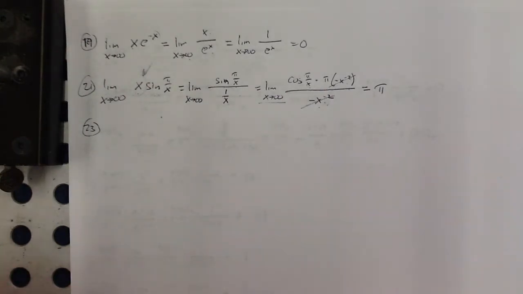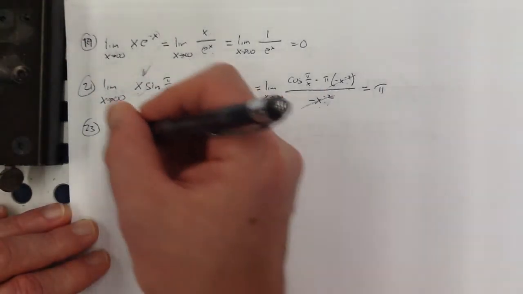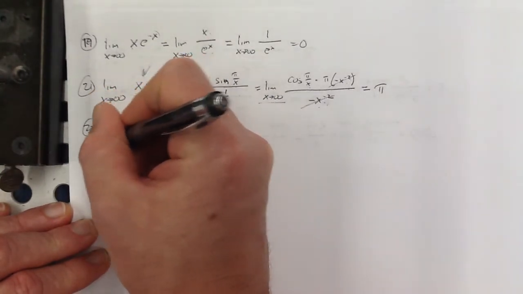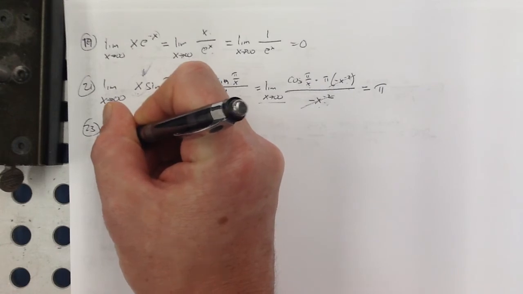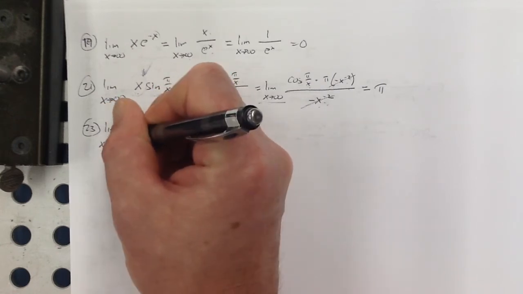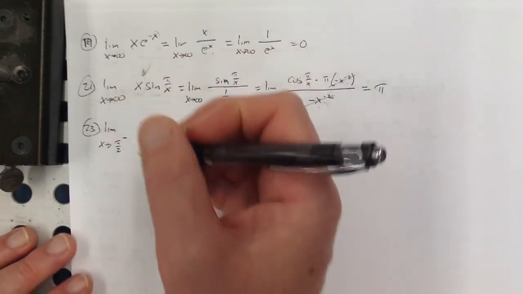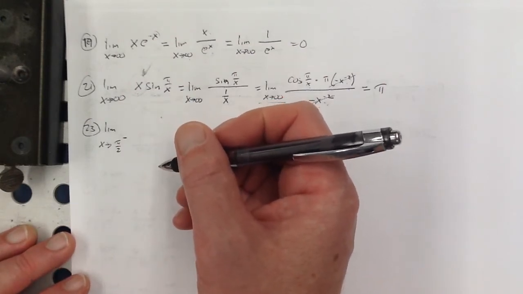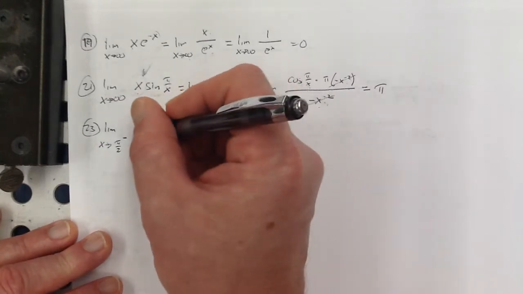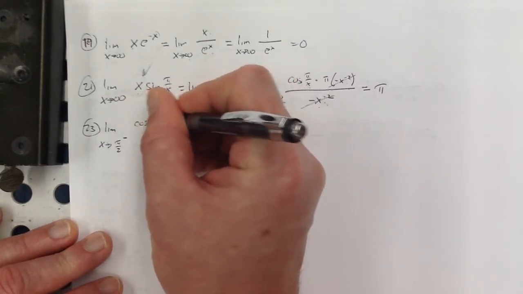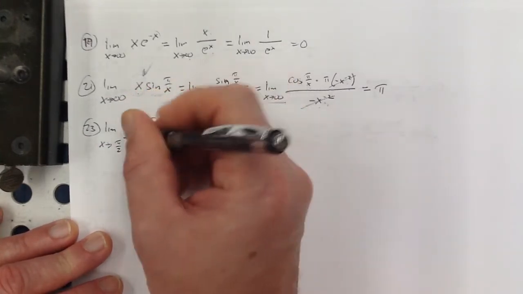All right. How about the limit as x approaches pi over 2 from below of secant 3x cosine 5x. Well, secant is the same as 1 over cosine, so I'm just going to go ahead and not write out an extra step there.